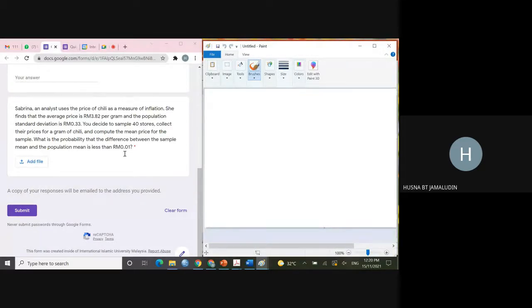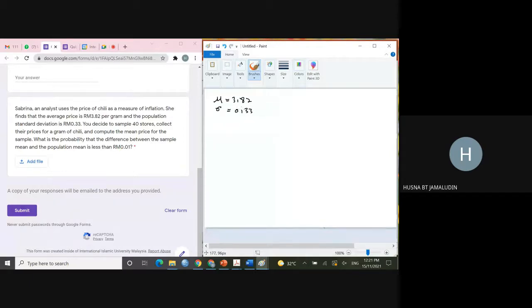So she finds that the average price is 3.82. What is this 3.82? What should I write? Mu. The average price, mu, is 3.82. And the population standard deviation, sigma, is 0.33.